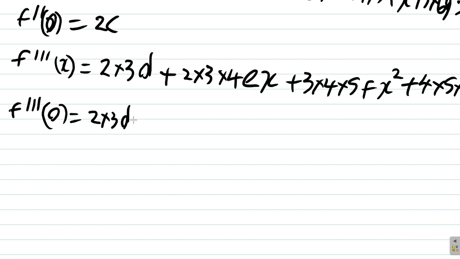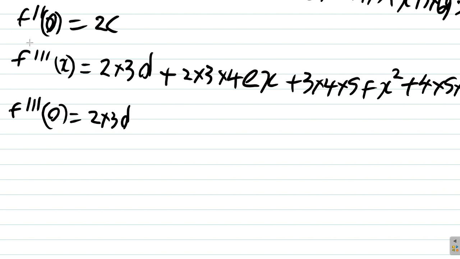Now, out here, what you have is 2 by 3 by 4 by e times 0. That will amount to 0. You multiply all of this by 0, you get 0. Same thing will happen here. All of this will multiply 0 squared, and so on. So you're only left with this. Alright?